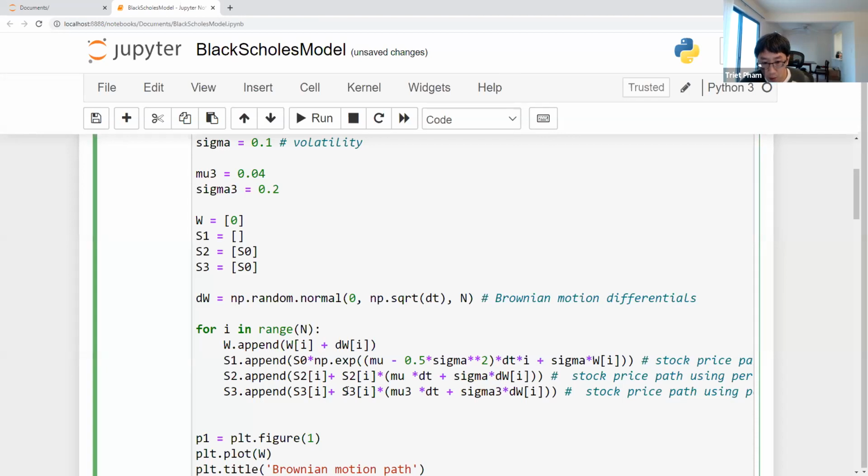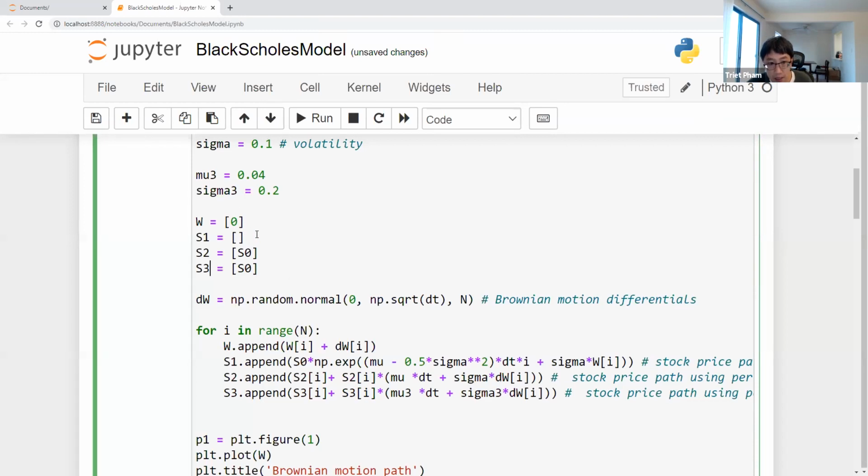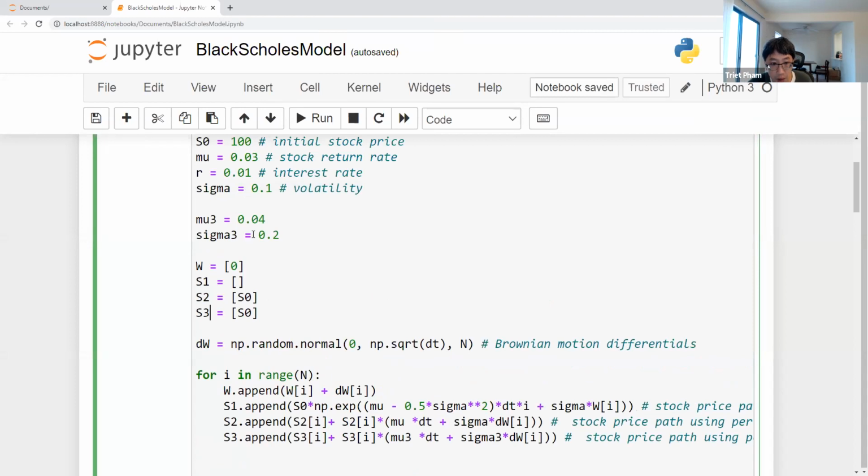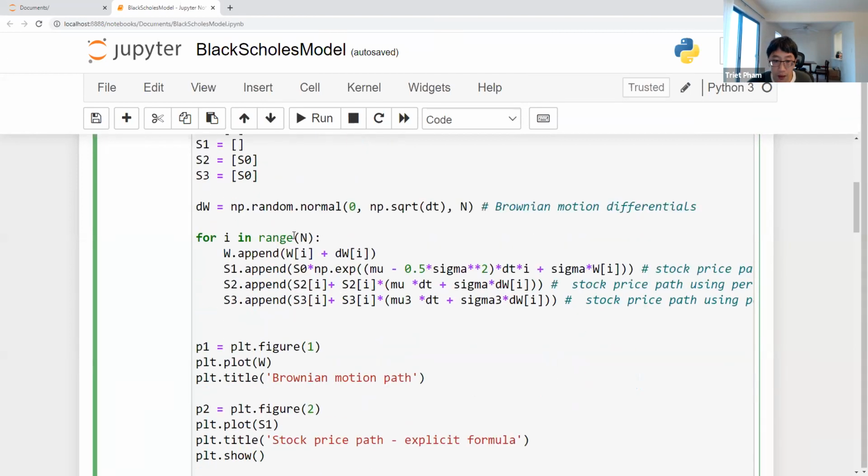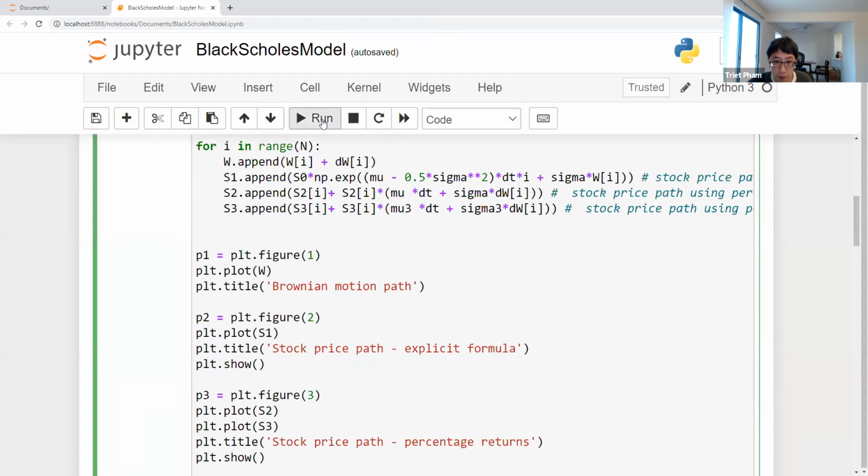I think I posted the old wrong version. This is S3. This basically generates a new stock price path that has the same starting point, which is 100, but has a different rate of return and different volatility. And so let's run it.